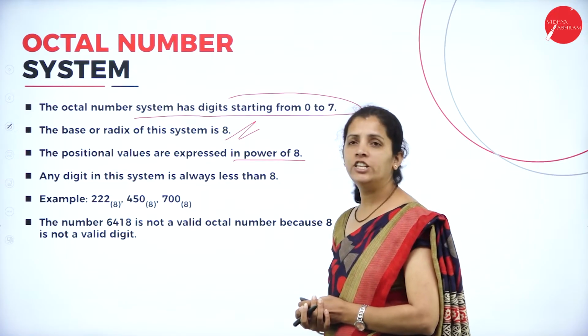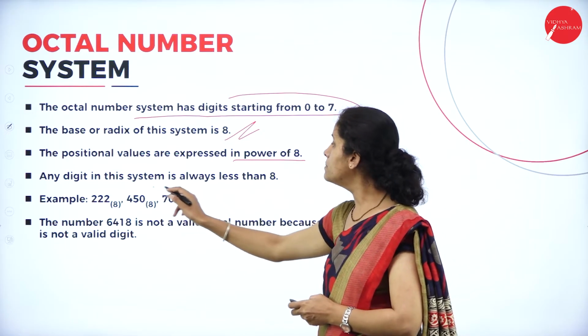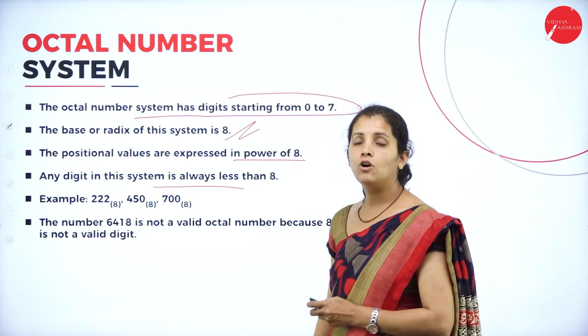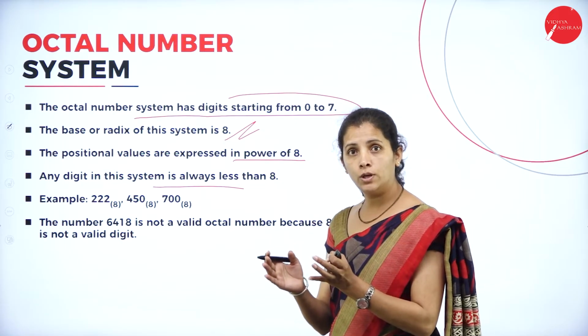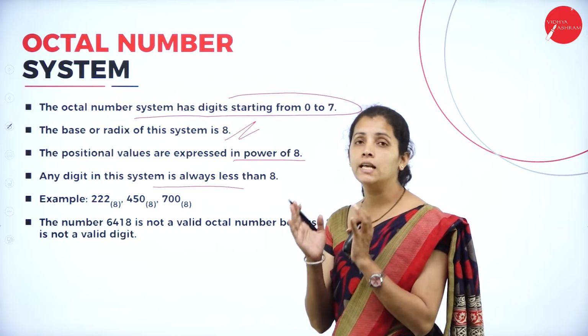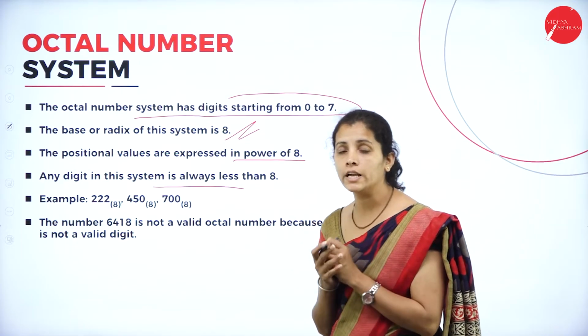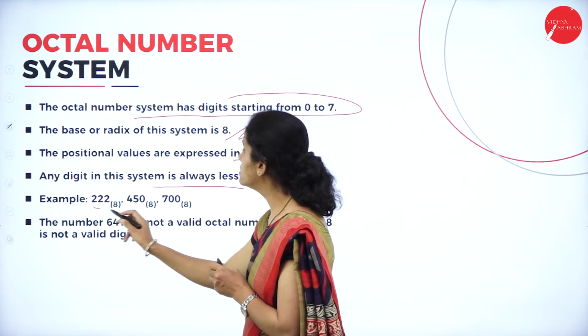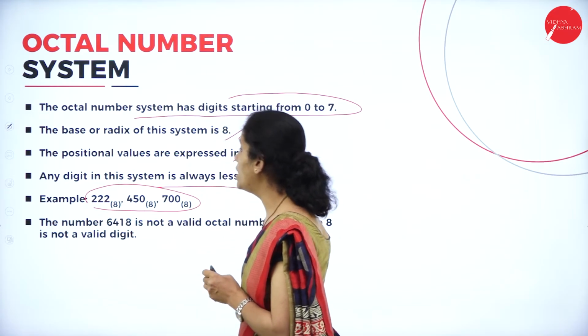Any digit in the system is always less than 8. It's not less than or equal to 8. It's always less than 8. So what's the range? That is 0 to 7.